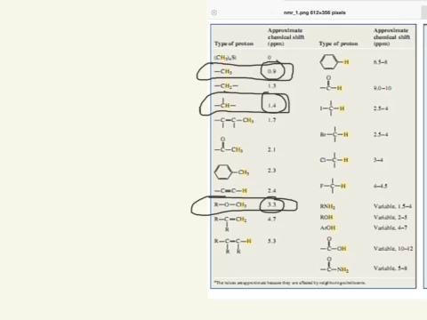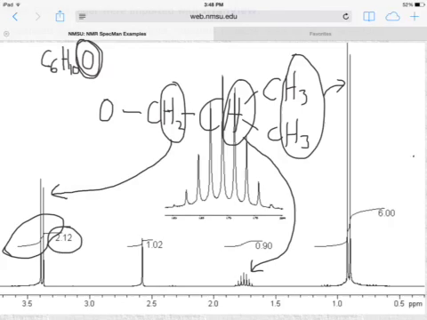And this table can tell us, I don't know if you can see, but this is an alkyne, a terminal alkyne, with 1 hydrogen that should give a signal of about 2.4. So let's say that this signal is from a terminal alkyne.